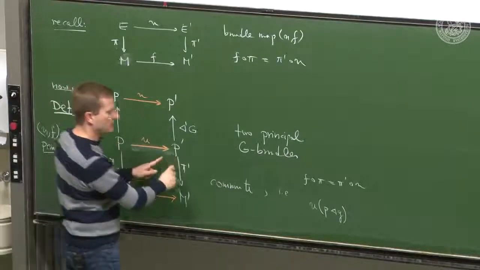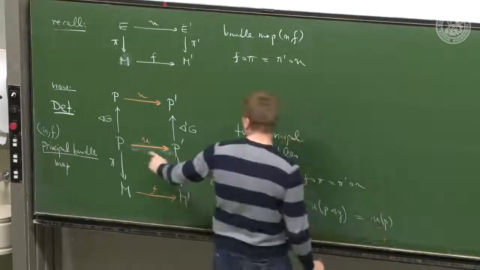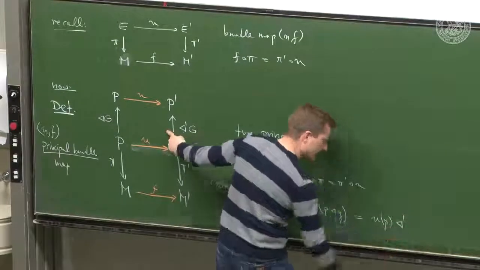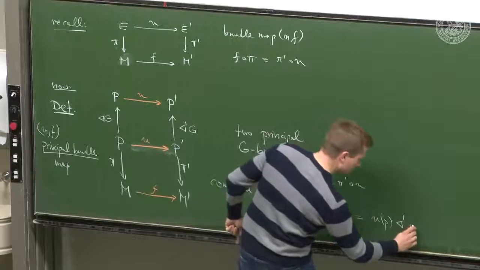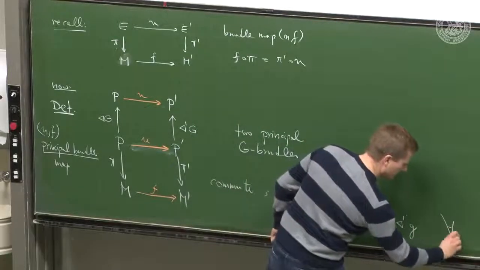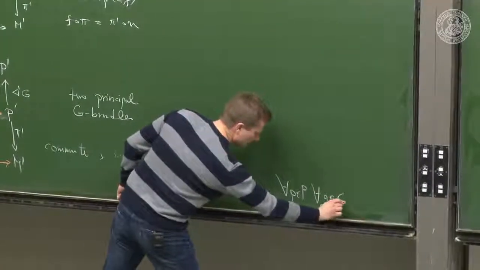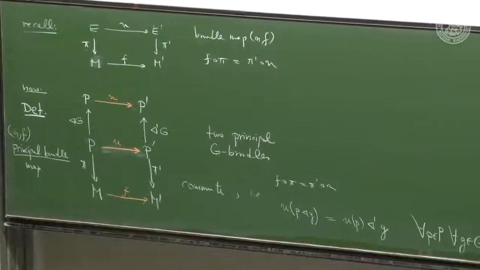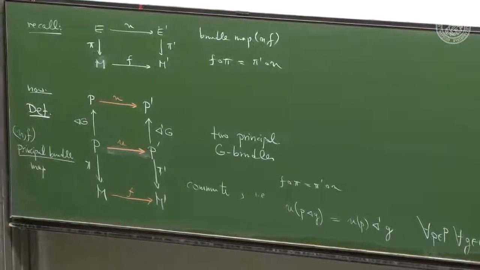This should be the same as applying the u to the same point p, and then after that acting, of course, with this primed action, because we're here acting with the same group element. So obviously this is supposed to hold for all p in P and for all g in G. That's it. That's a principal bundle map.